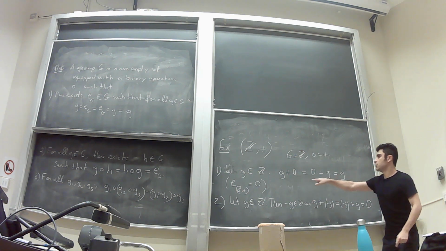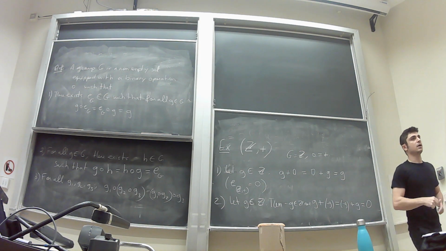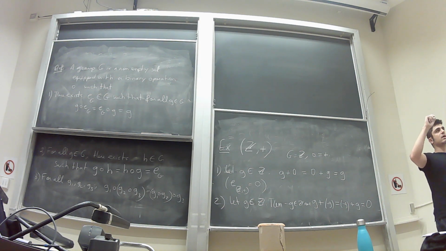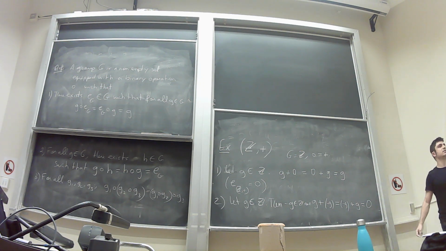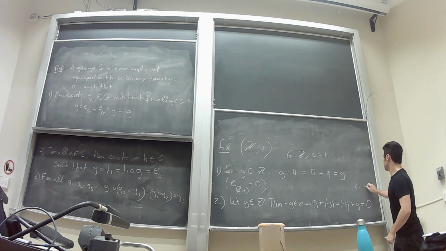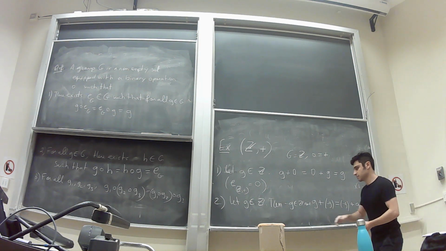Now, in Z, can you find another element than 0 with this property? No. Can you find any other element such that x plus this element is equal to x, if that element is non-zero? No. So if x plus something is equal to x, then that something must be 0.